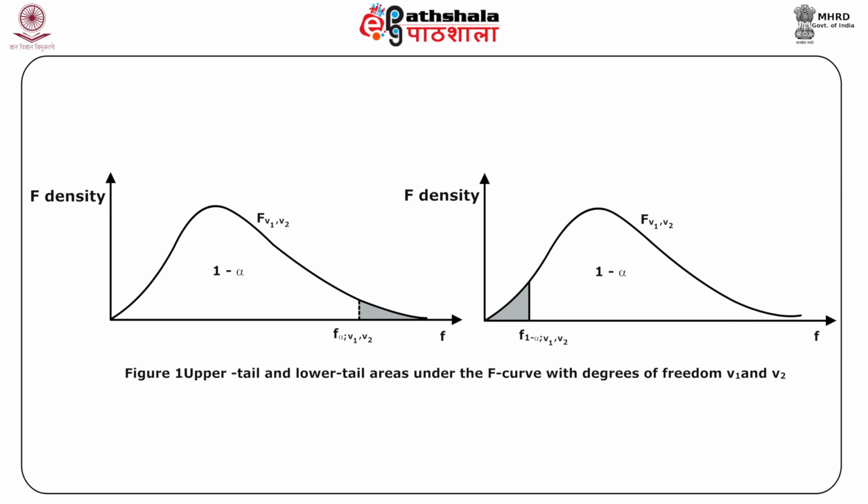The distribution itself is positively skewed, and figure 1 illustrates the F nu1 nu2 distribution, where we have the F density on the y-axis and the F value on the x-axis. We can see the upper tail and the lower tail of this distribution. So figure 1 shows upper tail and lower tail areas under the F curve with degrees of freedom nu1 and nu2.